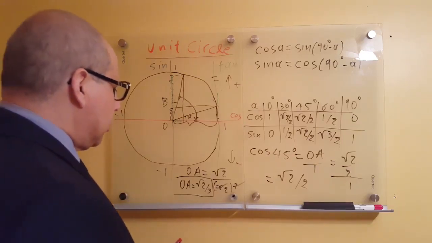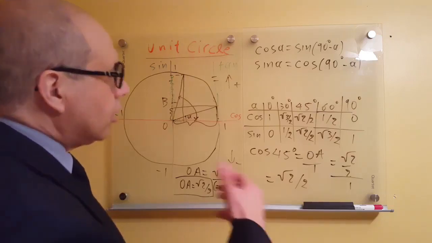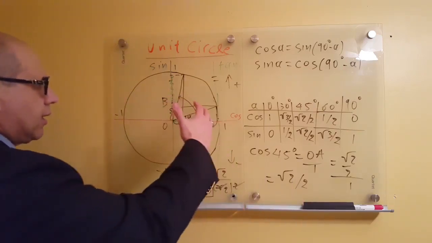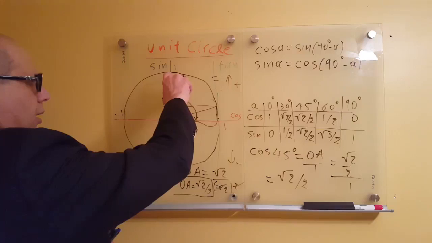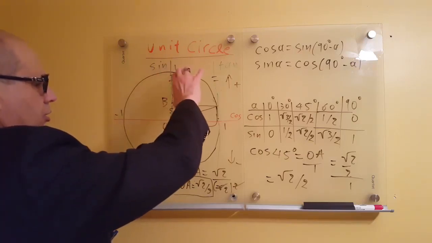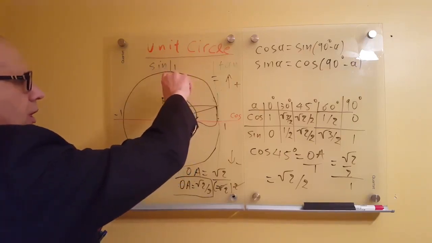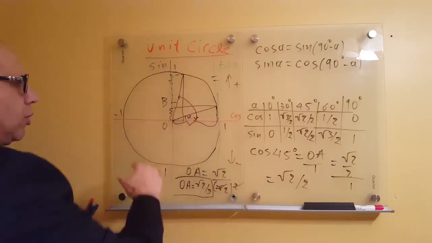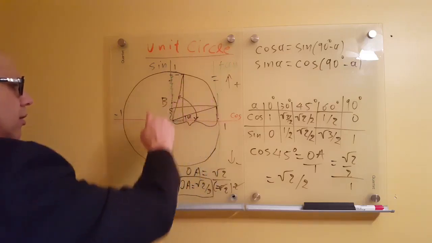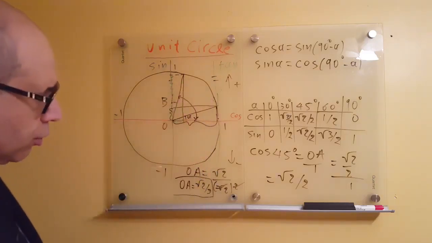You can always relate these angles to the basic angles, or reference angles, which are always in the first quadrant. This here is the first quadrant, the second, the third, and this is the fourth quadrant.